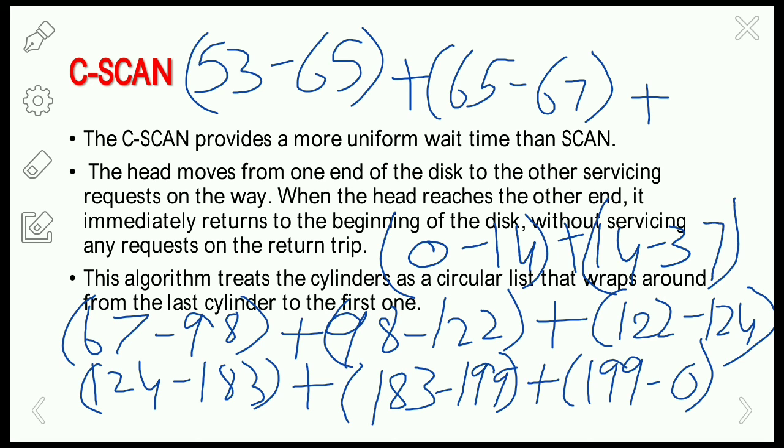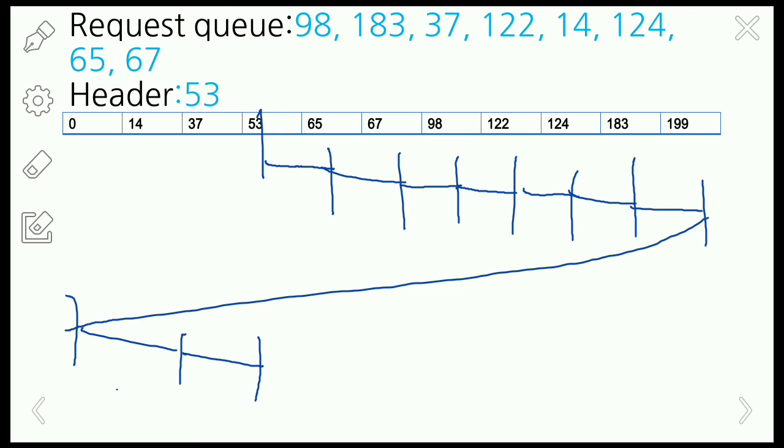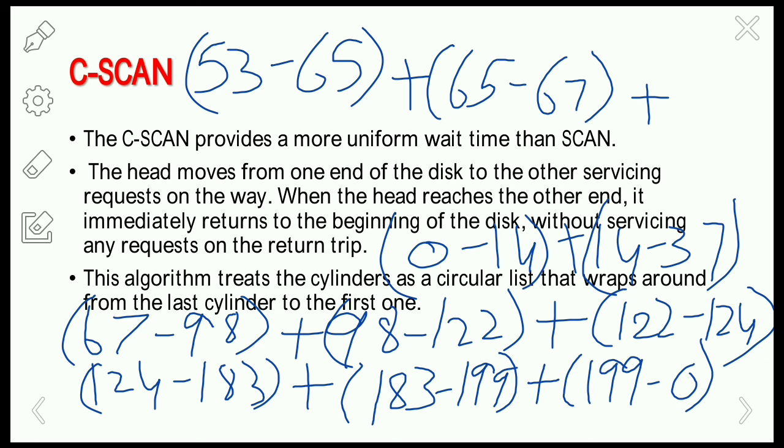If you observe this scheduling algorithm, there is unnecessary movement from 183 to 199 and 199 to 0. These two head movements can be removed in the case of the C-look scheduling algorithm. If you calculate this, you will get the total number of head movements for the C-scan scheduling algorithm.